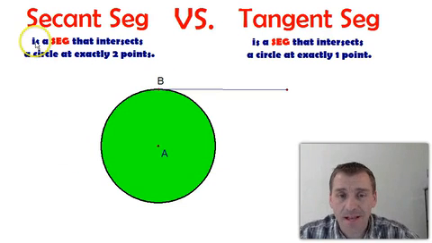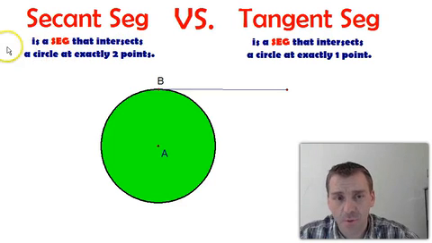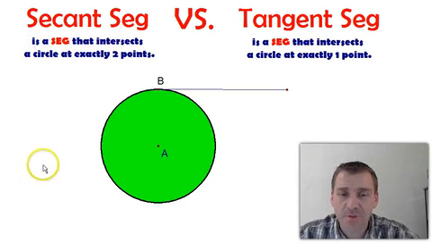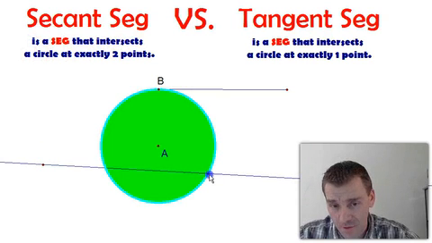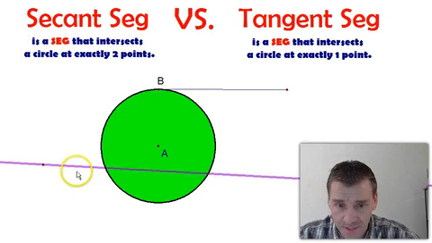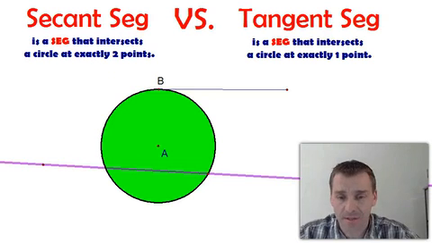A secant segment, yes, it's a segment that intersects the circle at exactly 2 points, but here's what it is. If I drew this thing through there, that, as you just saw, is the whole entire secant line. A secant segment is this.